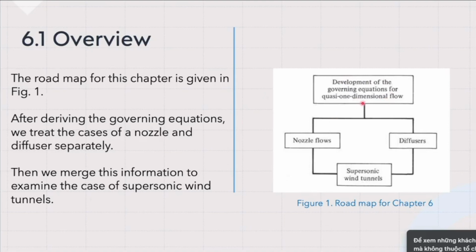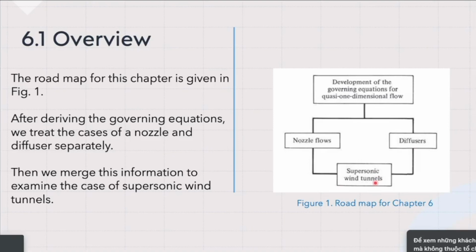We will then follow with nozzle flows as well as the topic on diffusers. Nozzle flow will be covered today, but diffusers will be covered next week. Then we will wrap up our session by looking into the supersonic wind tunnels aspect.